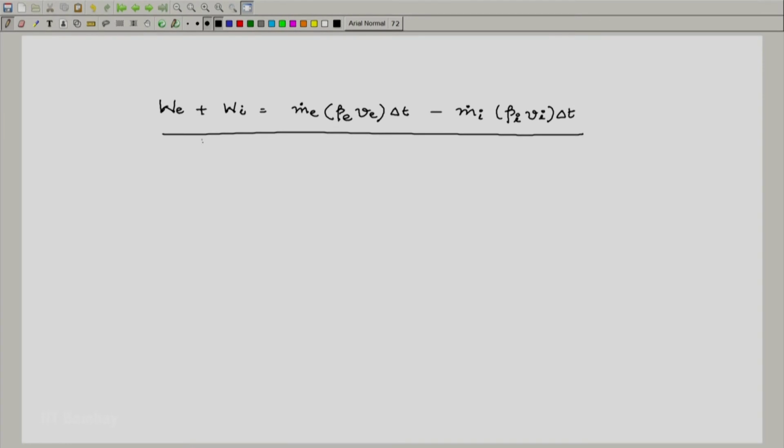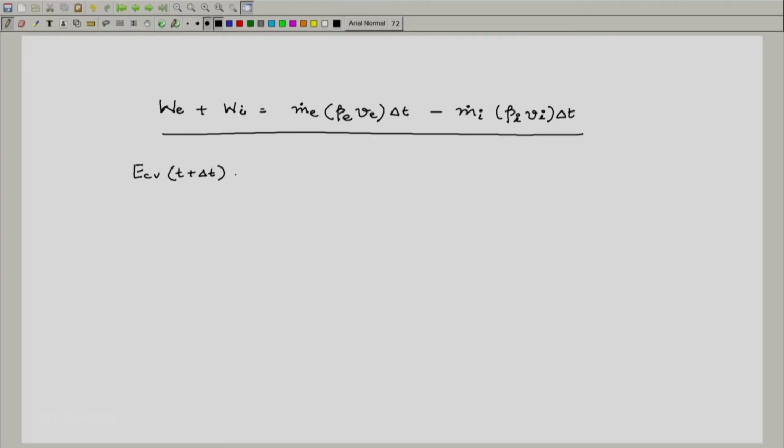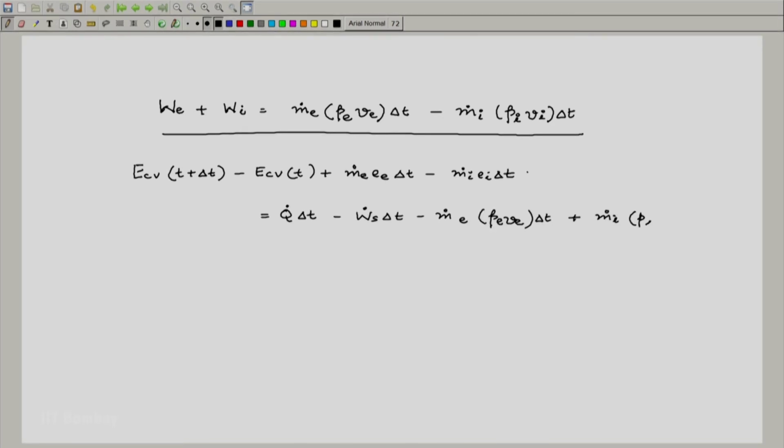Now we can get back to our first law for the closed system, where we have an expression for every term, that is the delta E for the system, the W for the system and the Q for the system, and hence I will write the following expression. On the left side we have an expression for delta E, which we derived earlier.